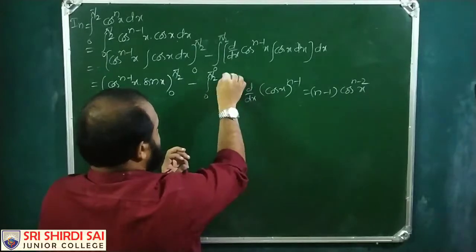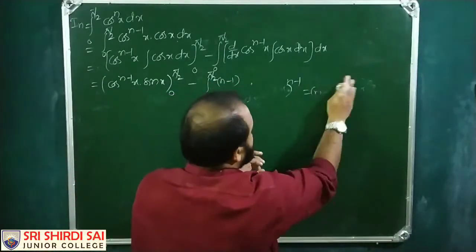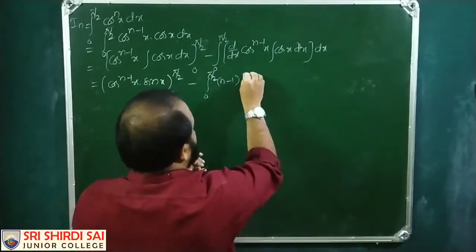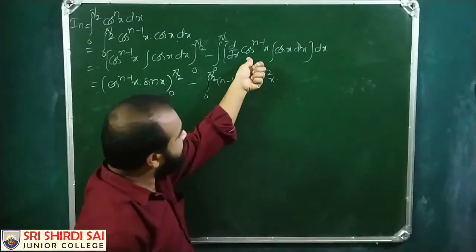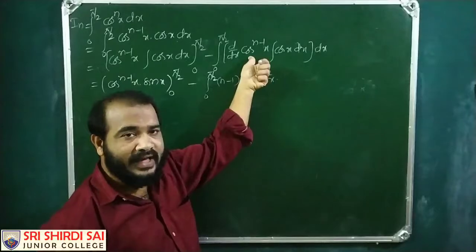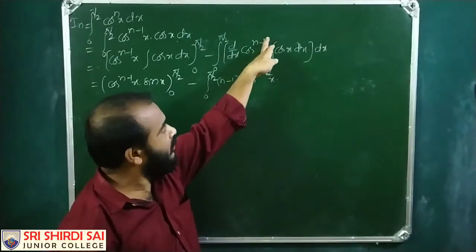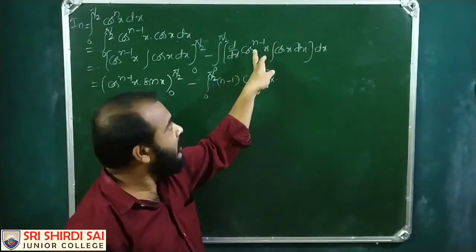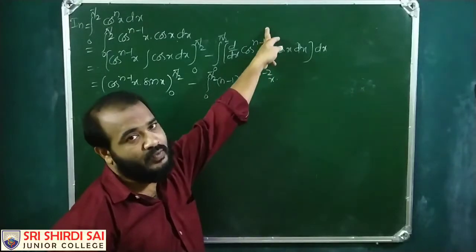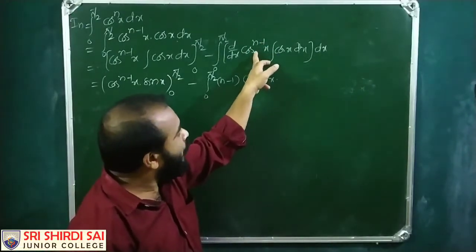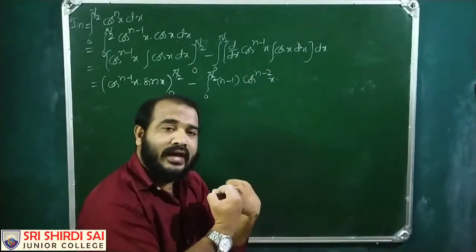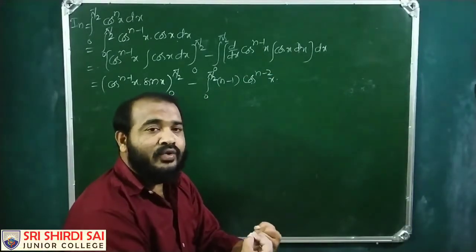N minus 1 into cos power n minus 2x into, since cos x I have taken to be x. This is x power n minus 1 I have taken. That is why it has become d by dx of x power n into x power n minus 1. Since cos x I have treated to be x, we have to differentiate it later.